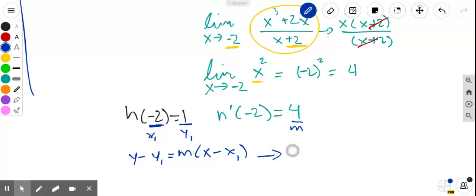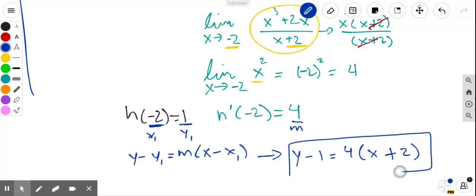So it'd be y minus 1 is equal to 4 times x minus negative 2, which is really plus 2 right here. So we still got the same answer as the previous step, just a different way.